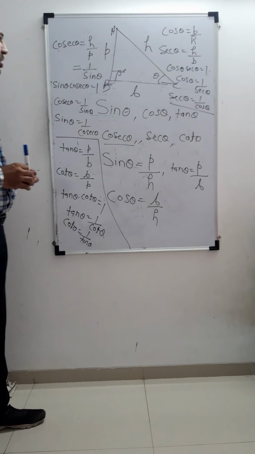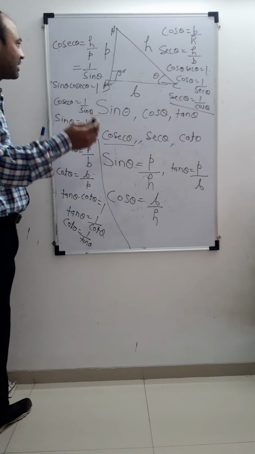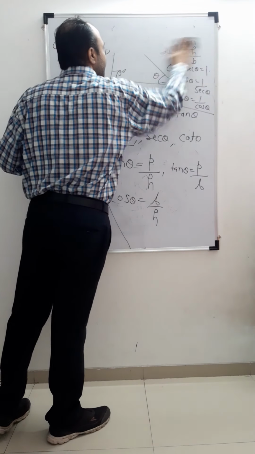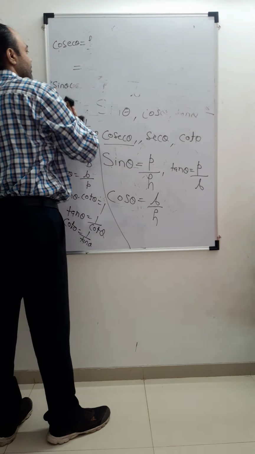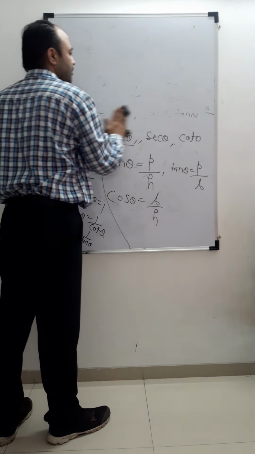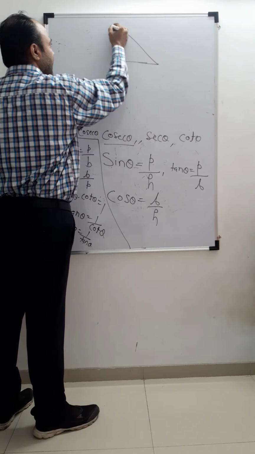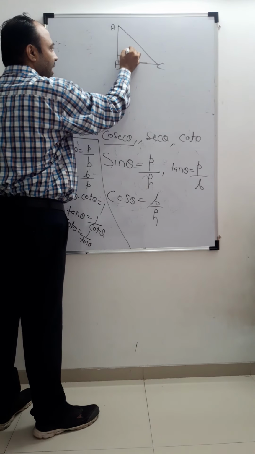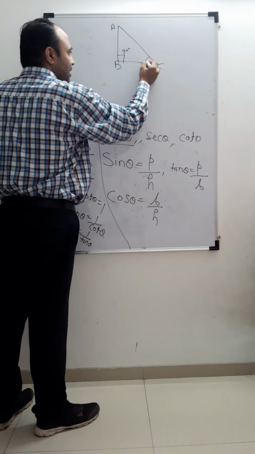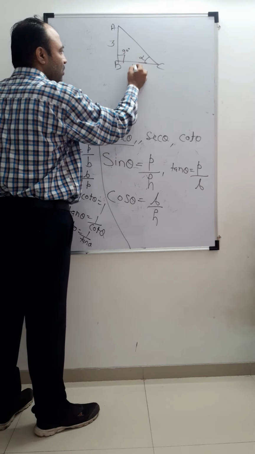Fine here. Now we'll move to the second part, the relationship between sine and cos. Look at it. Now look at this. In a triangle ABC, this is a right angle 90, this is some angle, let's say alpha, and we have been given this side is 3 and this is 4.